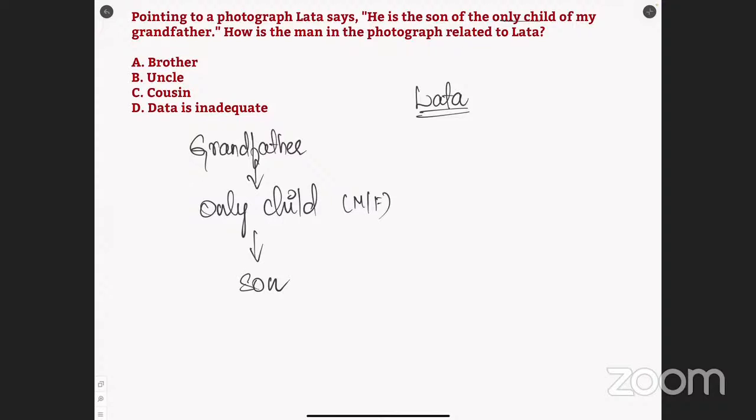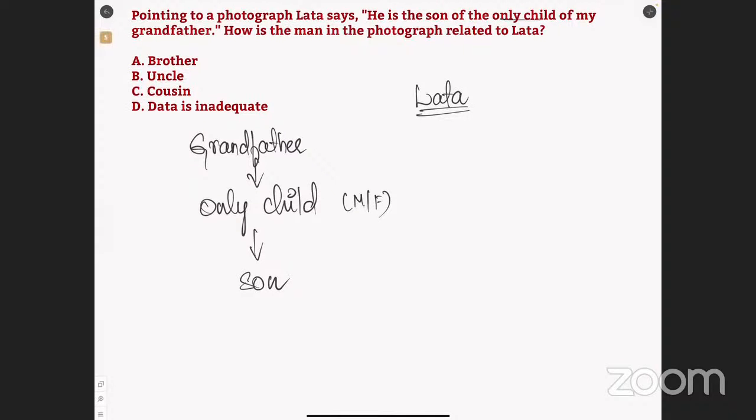Now, Lata is saying this particular person is the son of the only child of my grandfather. So Lata's grandfather has only one child, and that child could be male or female, and they have one son.